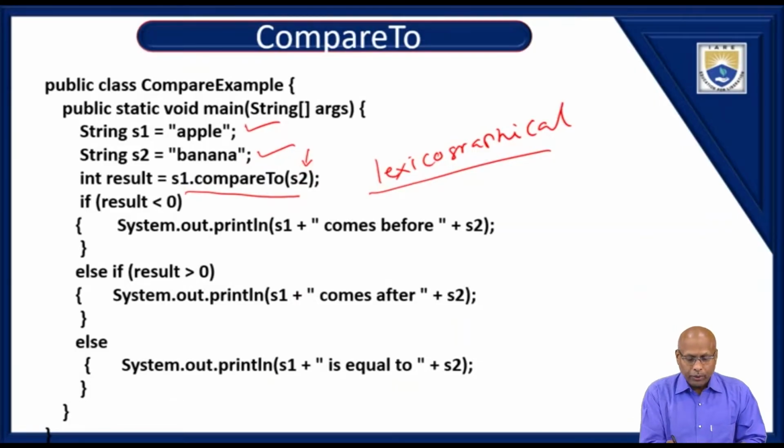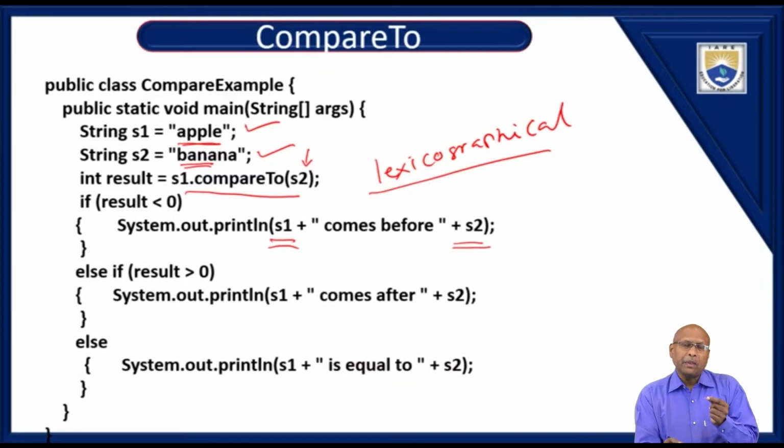If a negative value comes, I will say S1 comes before S2. Now see, S1 is apple, S2 is banana. A is the first letter, B is the second letter, so A comes before B. That's why if you compare apple with banana, the compareTo method will return a negative value. When a negative value comes, you can say S1 comes before S2.